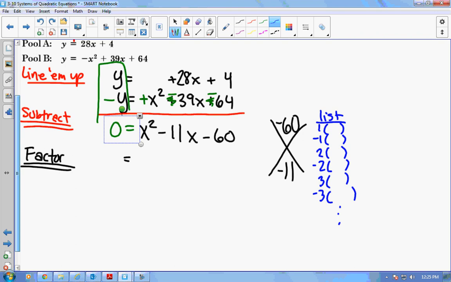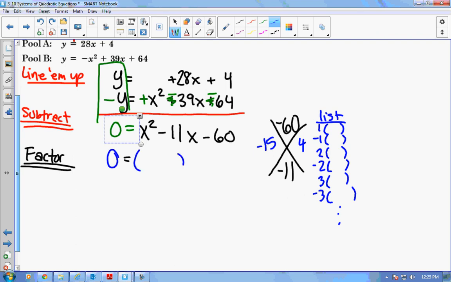Okay, Omar, what do you have? 4 and negative 15. Does he have his signs in the right place in order to add to negative 11? Yeah. Negative 15 plus 4 would be negative 11. So it works.